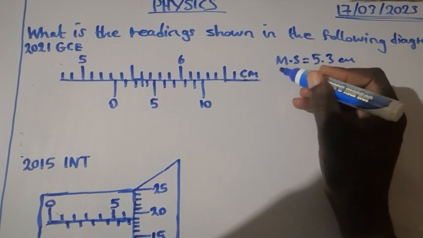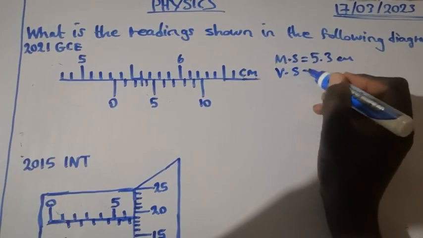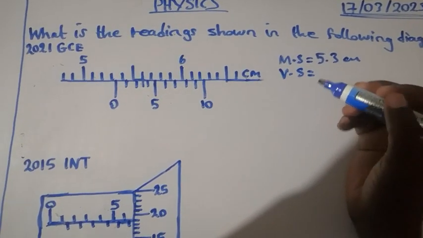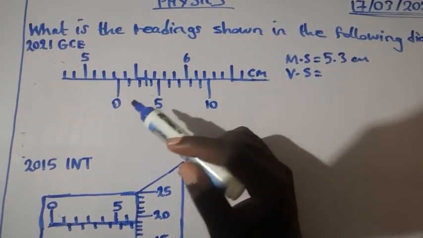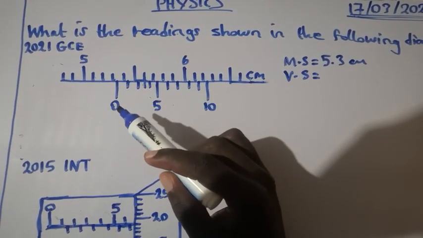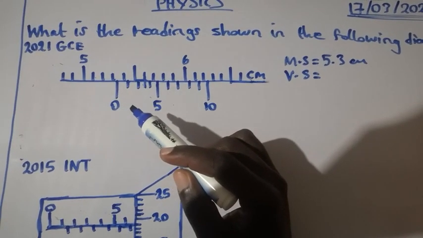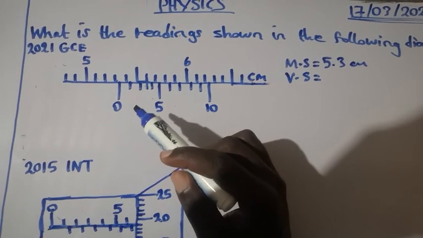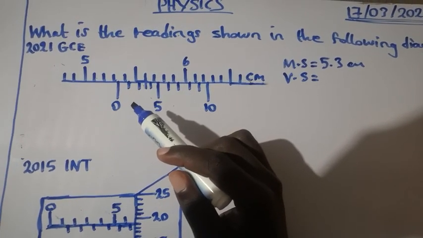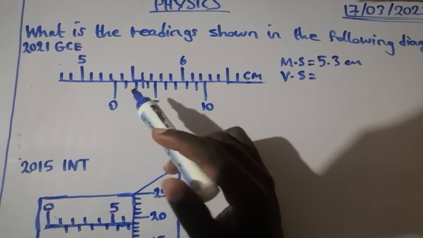Then we go to the vernier scale. For the vernier scale reading, we have to look for the mark that is coinciding. To coincide is to pass direct from the vernier scale to the main scale, so the mark that is in line with each other.